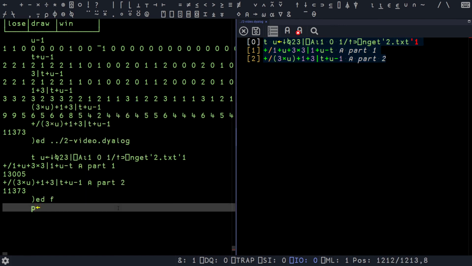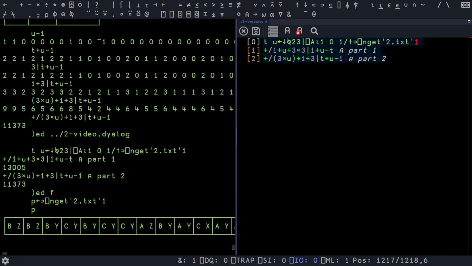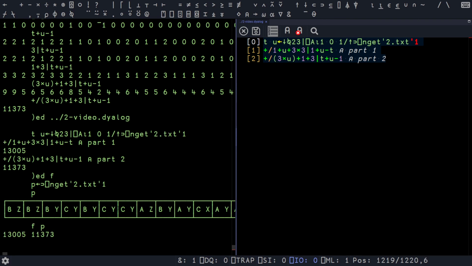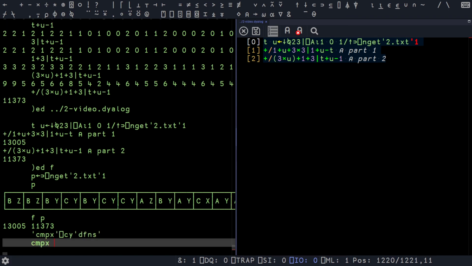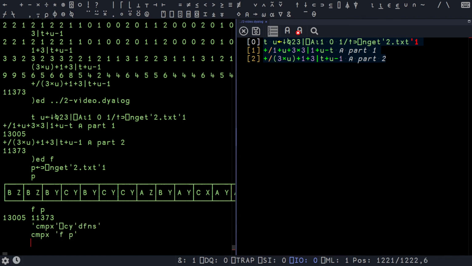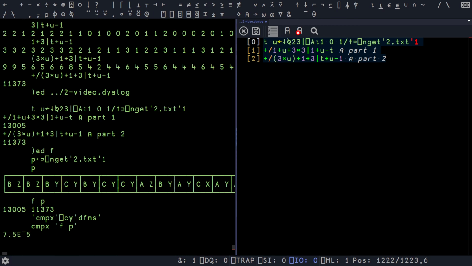We'll assign P to our input. Yep, and then if we run F on P, we get these values. We can pull compx from defense, and we'll see how long it takes to run on the problem input. It's, I don't even, 75 microseconds apparently.